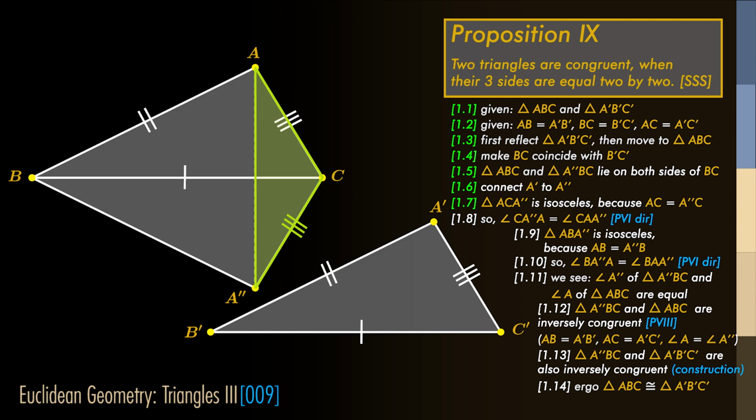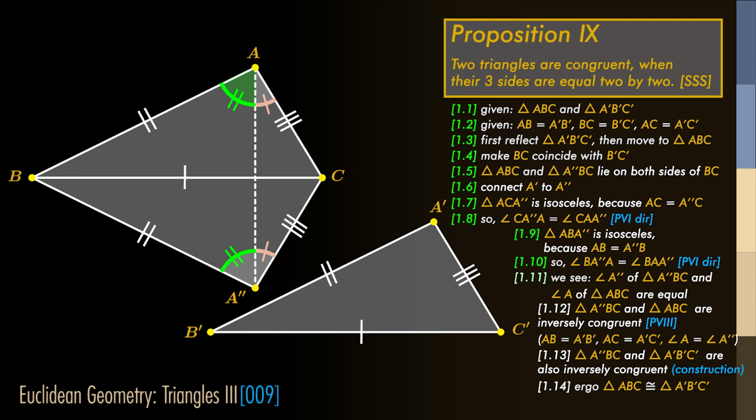Now we know from the direct version of proposition 6 that consequently the angle CA''A is equal to CAA''. We now consider in an analogous way the triangle ABA''. This triangle is also isosceles and AB is equal to A''B. Therefore, for the same reason, angle BA''A is equal to angle BAA''.